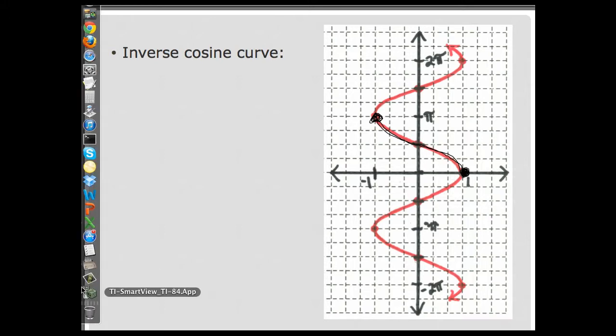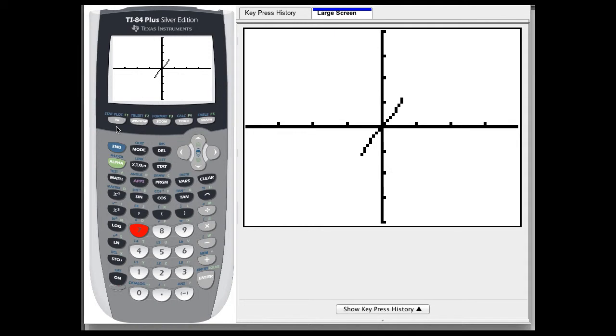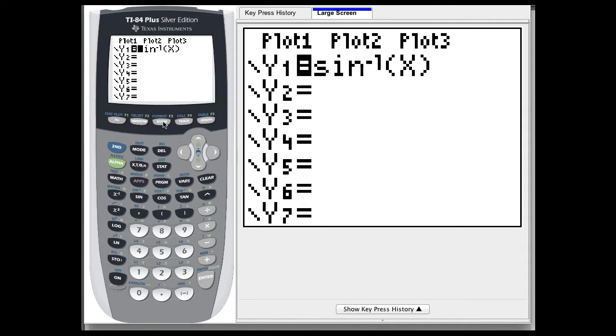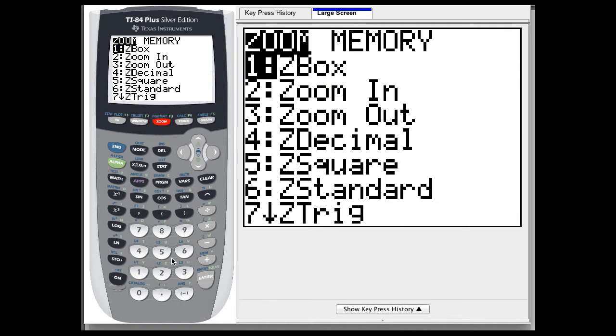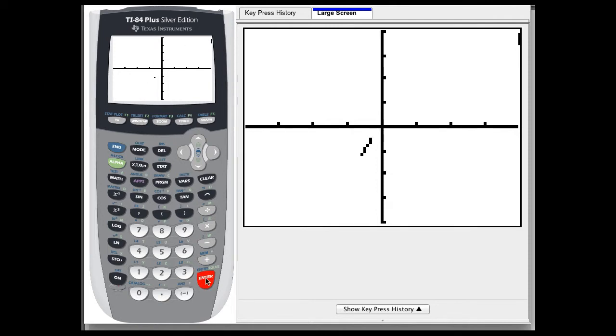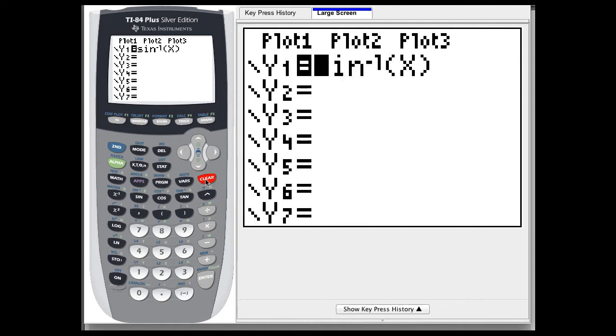Again, if you were to go back to your calculator and ask your calculator to graph that, maybe I'll zoom in a little bit. Nope. All right, that was the sine curve. Let's do cosine. Inverse cosine.